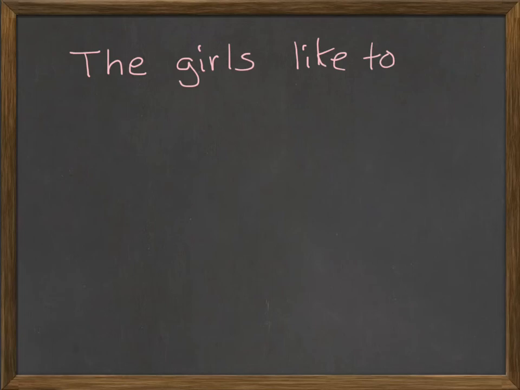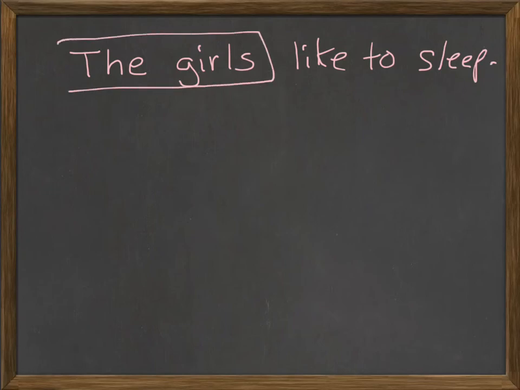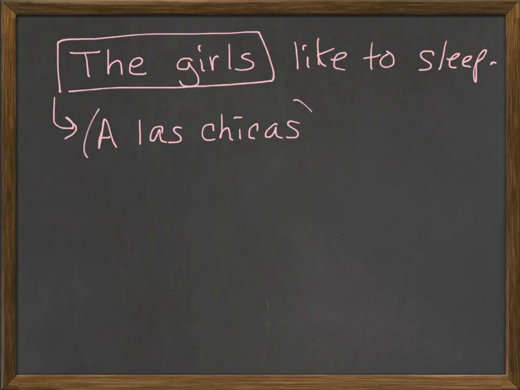Okay, how about this one? The girls, oh look, I'm doing it in pink. The girls like to sleep. Okay, the girls are going to be found in the clarifying phrase. So that's going to be a las chicas. That's going to be my clarifying phrase.